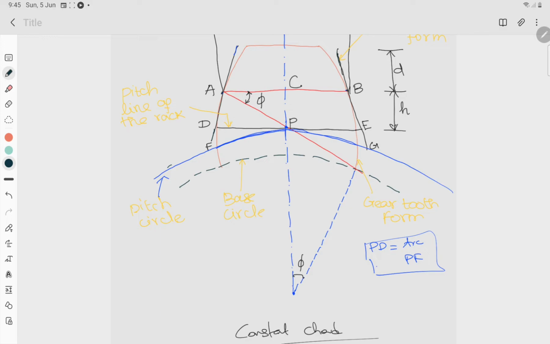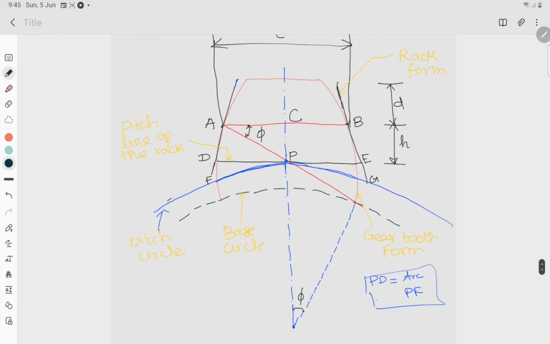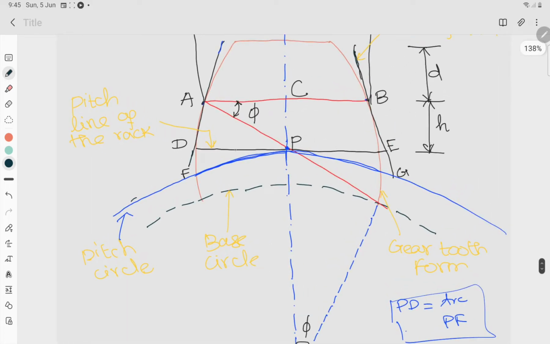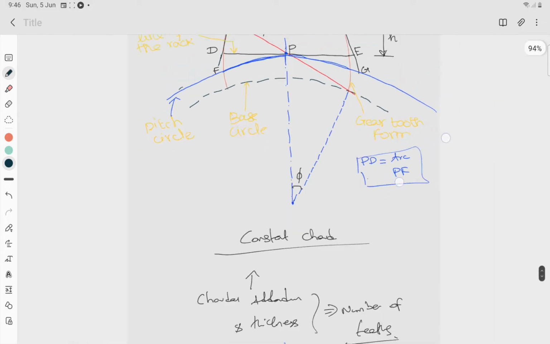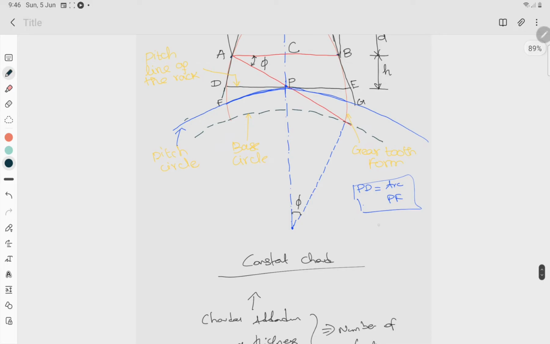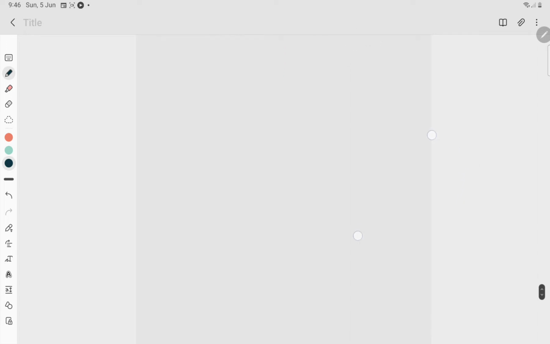Likewise, you can see this D, it is nothing but the pitch line of the rack, and it can be seen from the diagram that this pitch line of the rack is tangential to the pitch circle of the gear. These two things we have to keep in mind. And this phi is nothing but the pressure angle. So with this information we will go to the derivation part for constant chord.